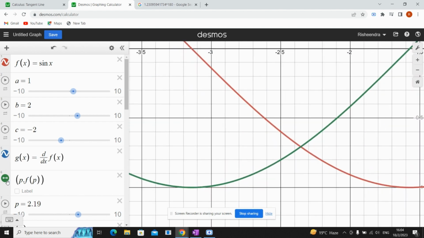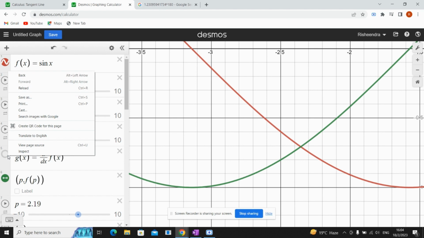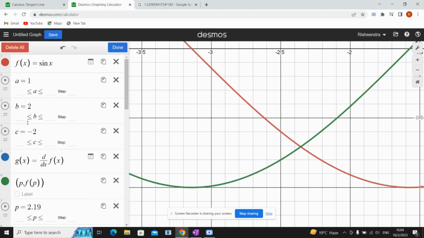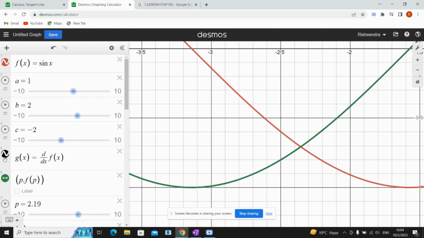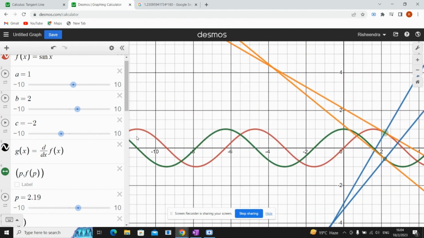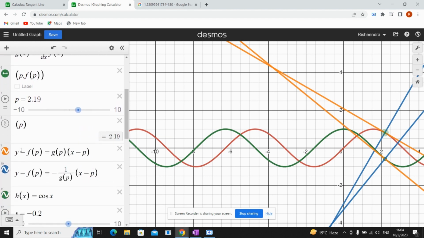If you observe closely, wait, let me change the color to black to be able to see it more clearly. Look at this g of x. It just overlaps with the green graph because it's also cos x. So it's going to look like that.